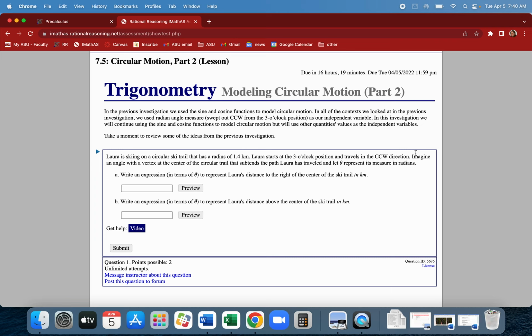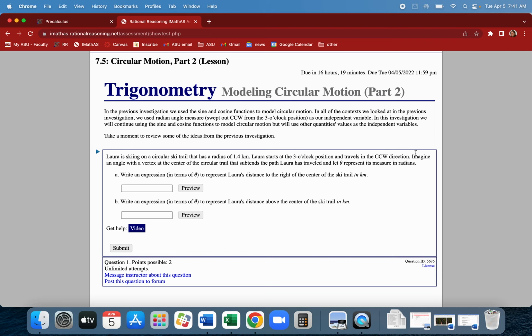I can talk about it by regular xy coordinate points, where x is r cosine of theta, y is r sine of theta. And don't forget that the arc length subtended by angle theta, if I'm measuring theta in radians, is just the radius length times theta.